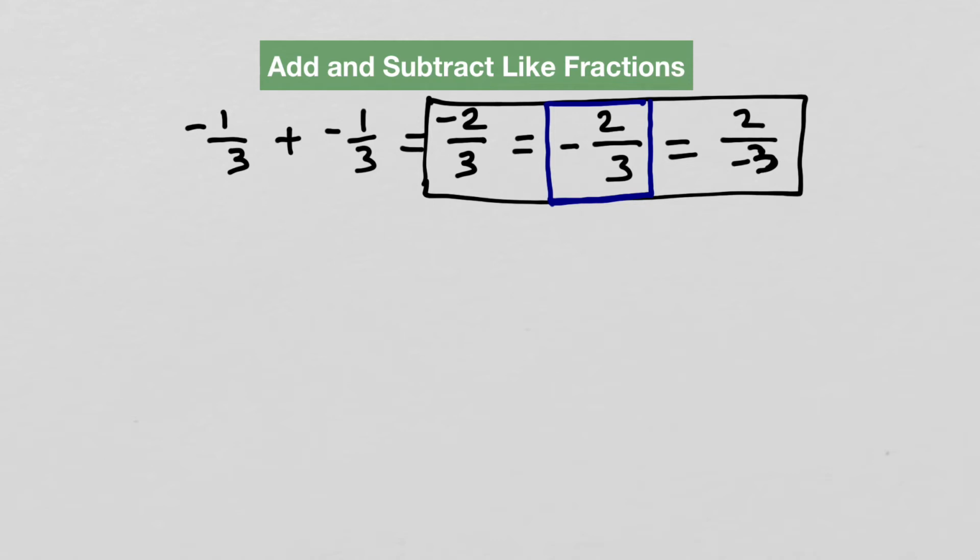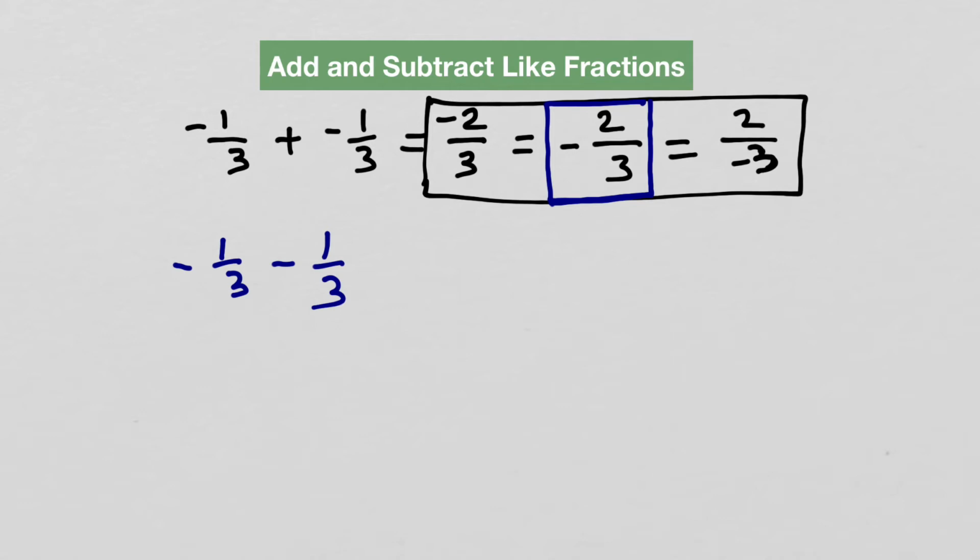Okay, so let's add to the complication here. So what happens if we have negative 1/3 minus 1/3? Okay, now if you recall from my previous lesson, we don't like negatives, so we need to do something about the negatives.